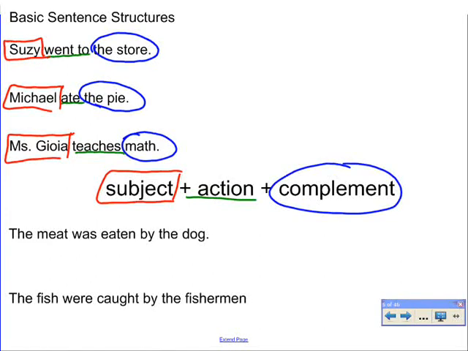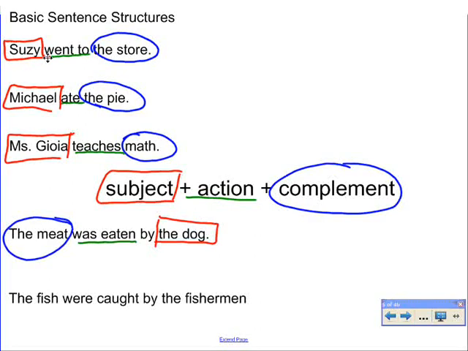If we look at sentences that are a little bit more complex, for example, the meat was eaten by the dog. In this case, if you ask yourself what the action was, well, the action was eaten. And if you ask yourself who it was that was doing the eating, in this case, you see that it was the dog. And what was the dog eating? There you have the meat.